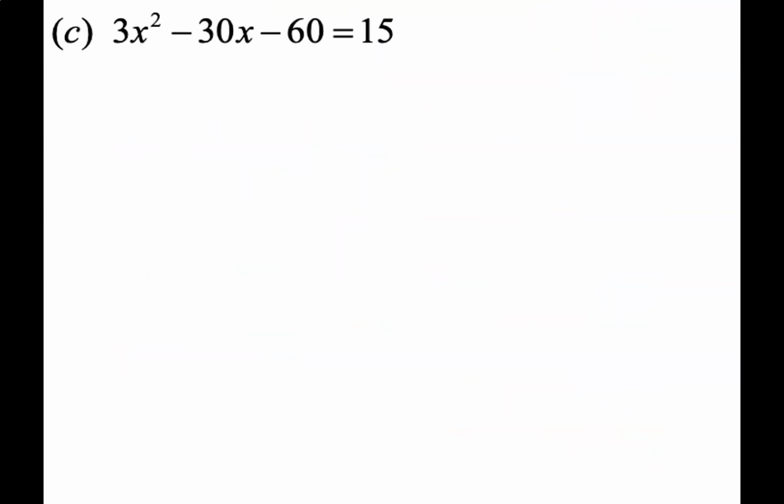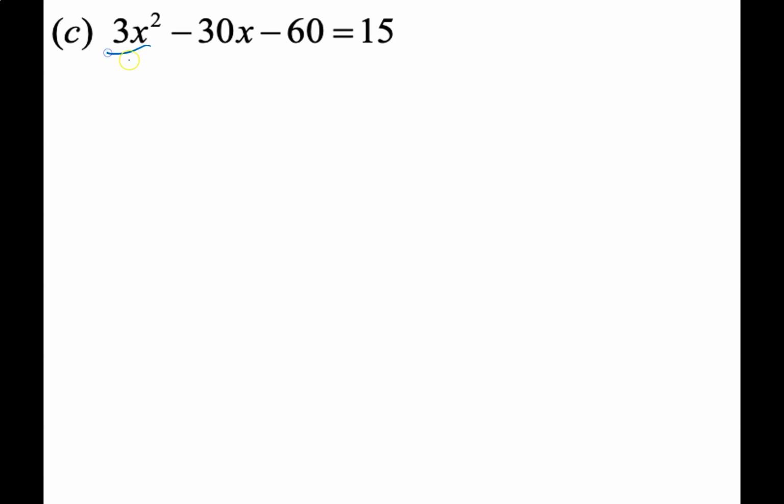Let's do one last one here. This is one where our leading coefficient is not a 1, which ordinarily can make this whole completing the square thing a real pain in the neck, but I'm going to show you something cool.